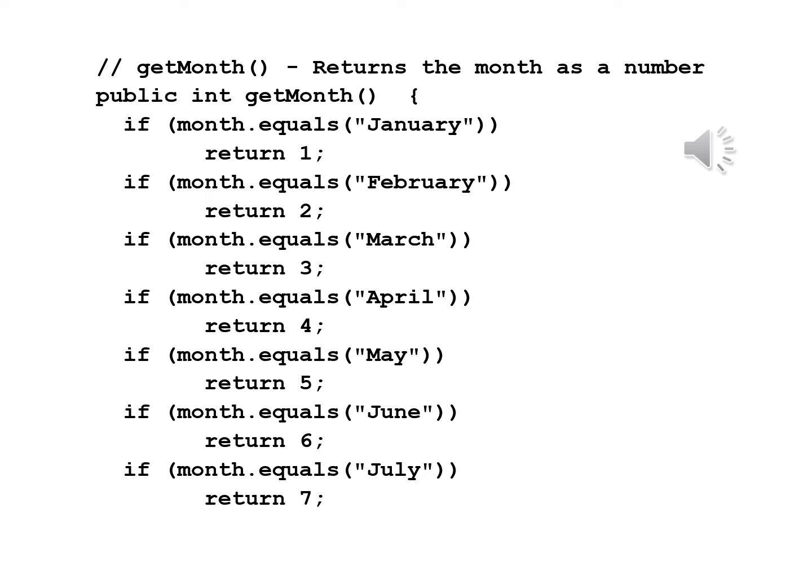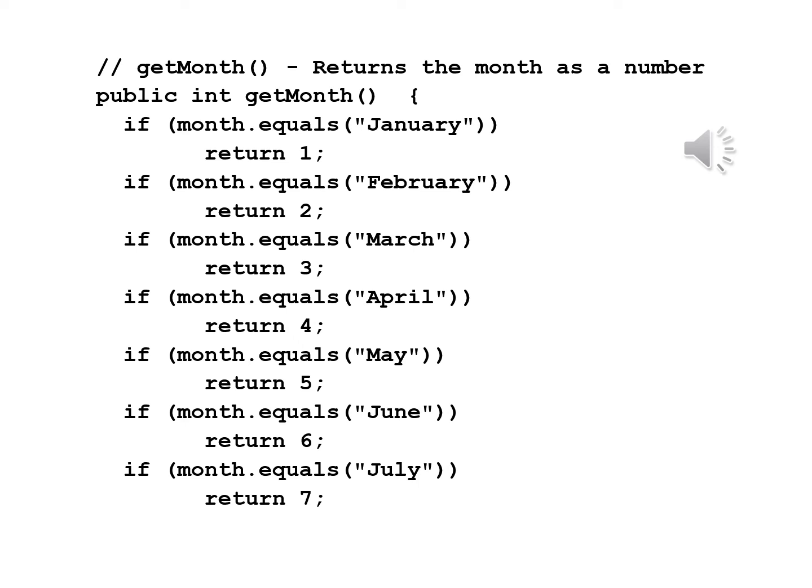If month equals January, return 1. If month equals February, return 2. If month equals March, return 3. If month equals April, return 4. If month equals May, return 5. If month equals June, return 6.